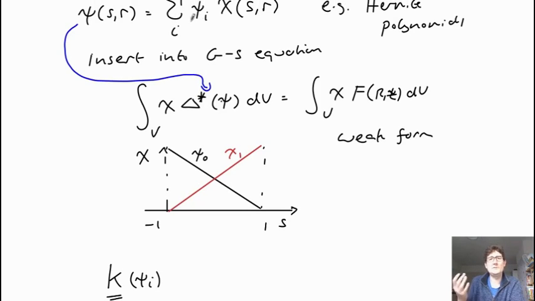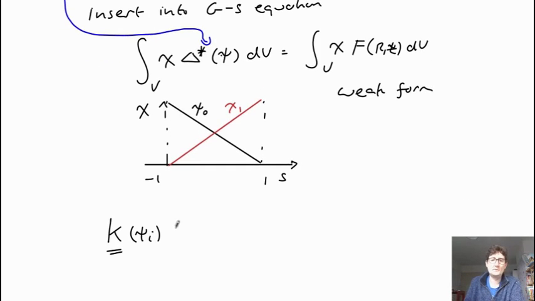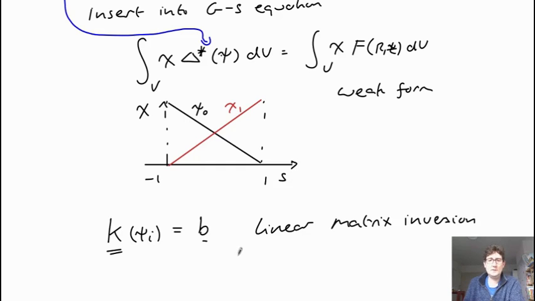And there'll be a coefficient for every polynomial and a coefficient for every cell. And then here you end up with another vector on the right-hand side. So you end up with a linear algebra problem or matrix inversion problem. And this you can solve using either iterative or direct methods, but various standard solution methods.